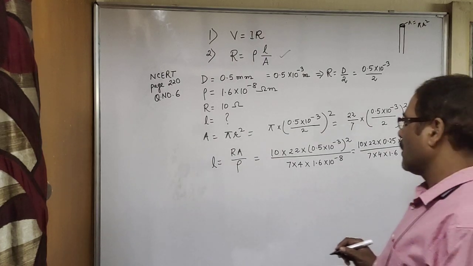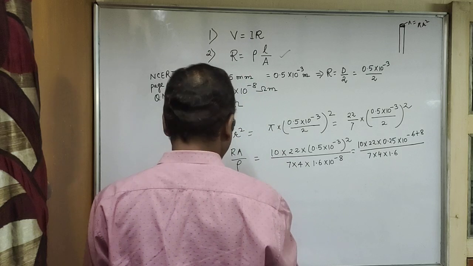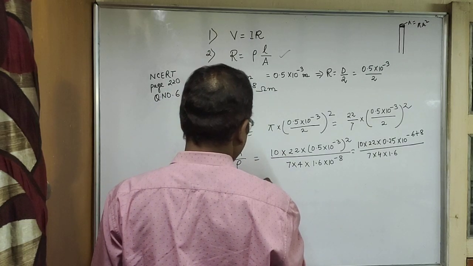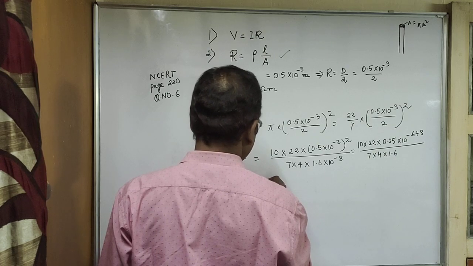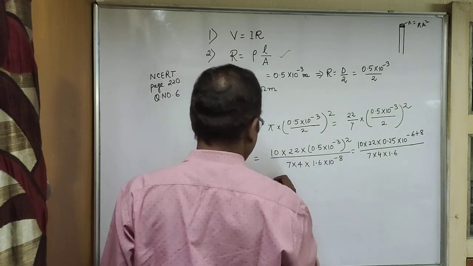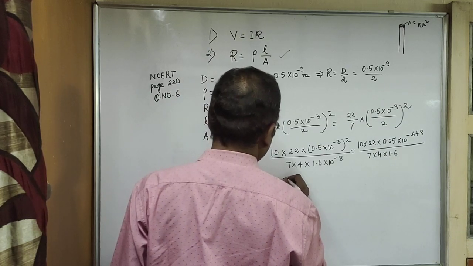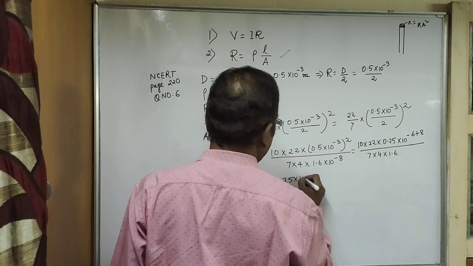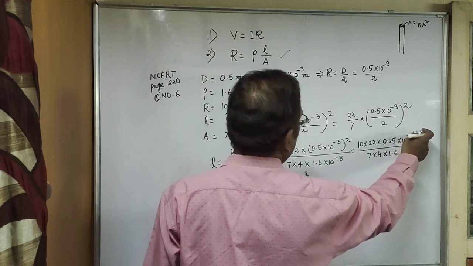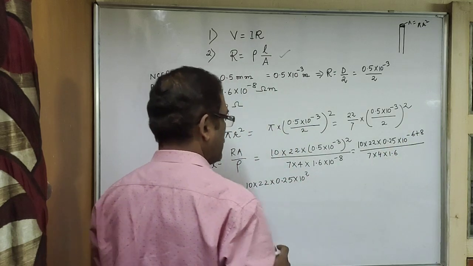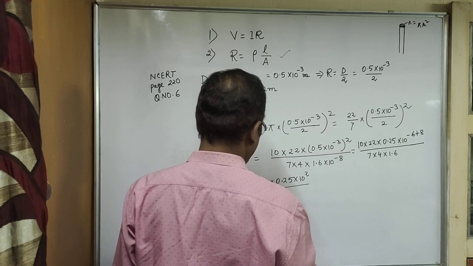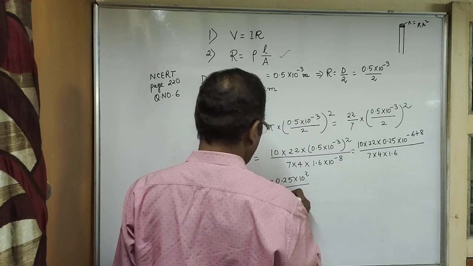So we can write further L is equal to 10 into 22 into 0.25 into 10 square, since 8 minus 6 gives 10 square, divided by 7 into 4 into 1.6.